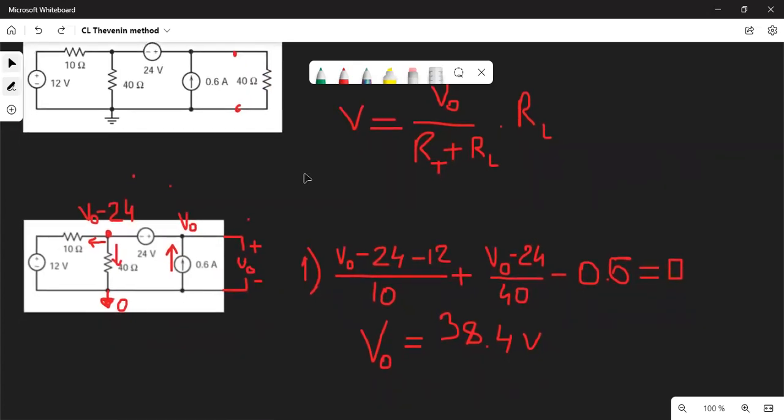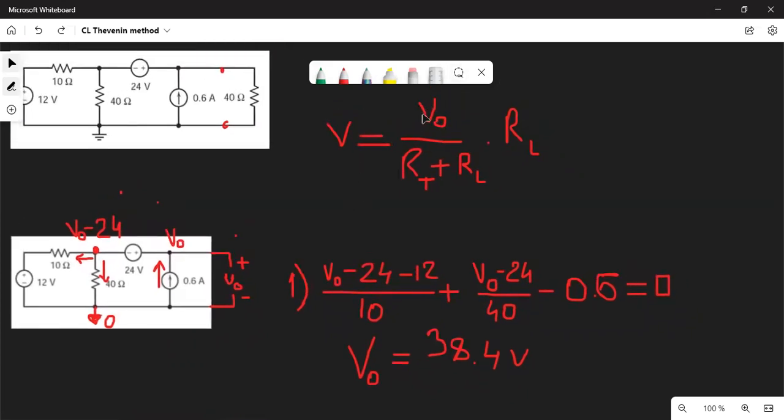In order to find the voltage across this 40 ohms, at the initial point I put the question about finding the Thevenin equivalent between these two points, these terminals. But when it comes to voltage, we should use this formula: the Thevenin V0, or open circuit voltage, divided by Thevenin resistance plus loading resistance. Our loading resistance in this case is 40 ohms.